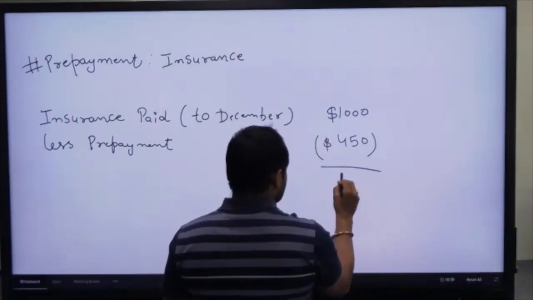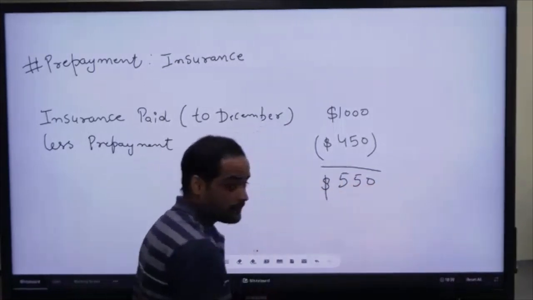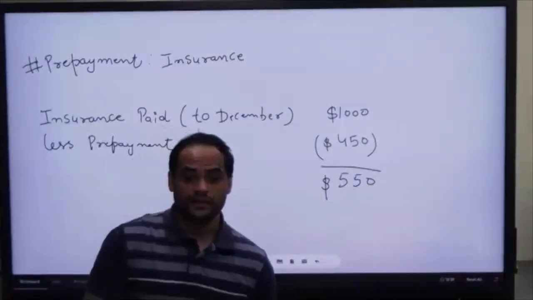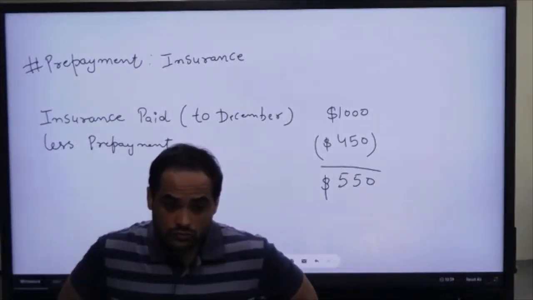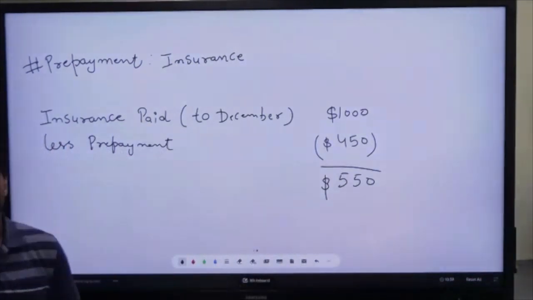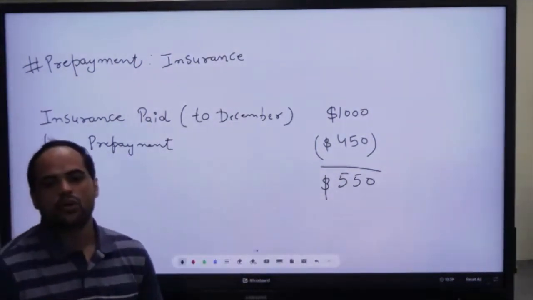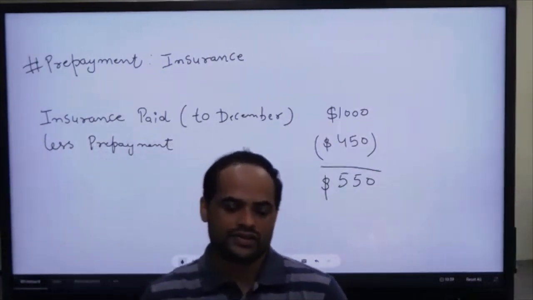So which means 550 is the balance that will be reported in your assets. So it's exactly like the adjustment we have in our assignments, I mean, for your last task, for your assignment 1.